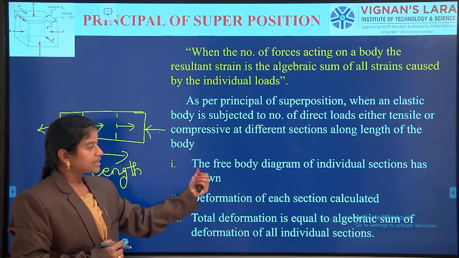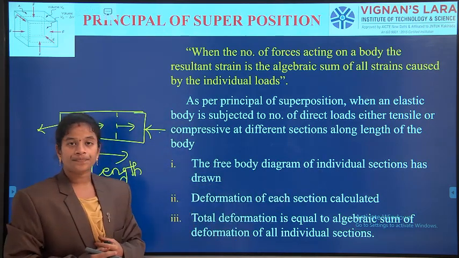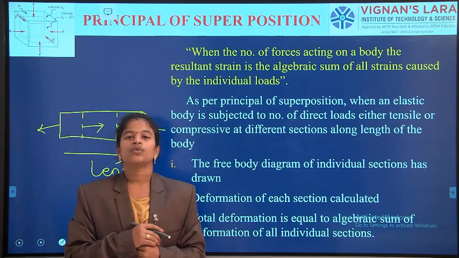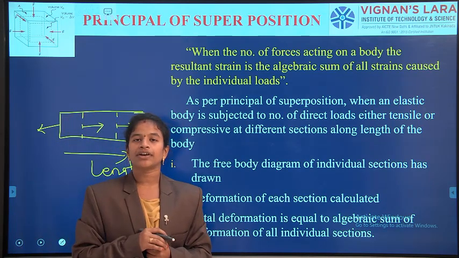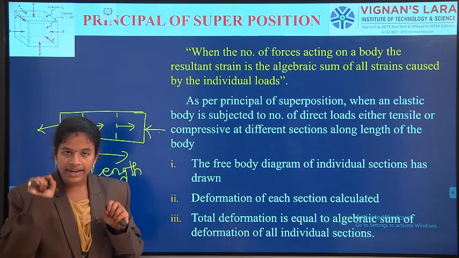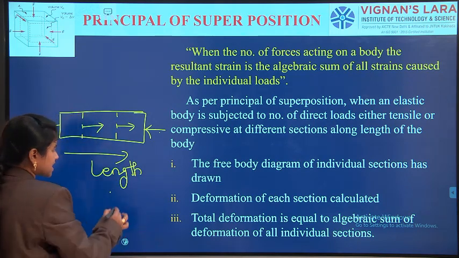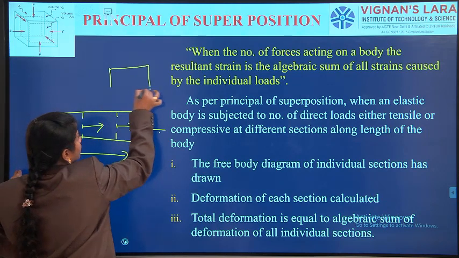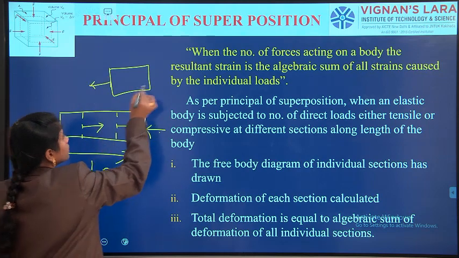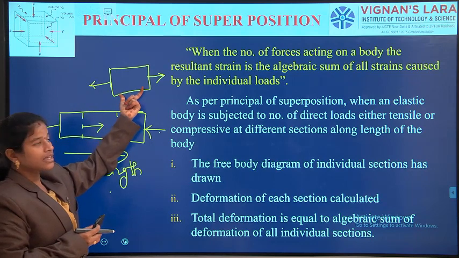Now, the free body diagram of each individual section has to be drawn. What is a free body diagram? In engineering mechanics, we have already learned the concept of free body diagram. Removing all the surrounding bodies and connections, we only indicate forces in that particular direction, right? Up to this section, I can observe a segment having a certain load, and I write the free body diagram of this part.